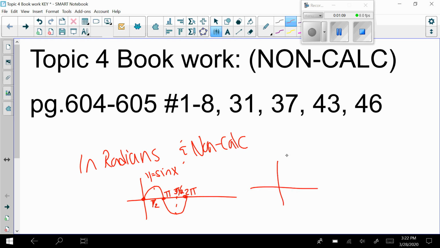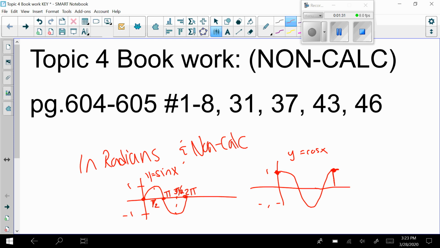And then cosine x, same thing. So cosine x, this one starts up at 1. Obviously the max is 1 and the min is -1. You should know that from last year. The cosine starts high and then goes low, goes to its minimum and comes back up, ends at the maximum point.